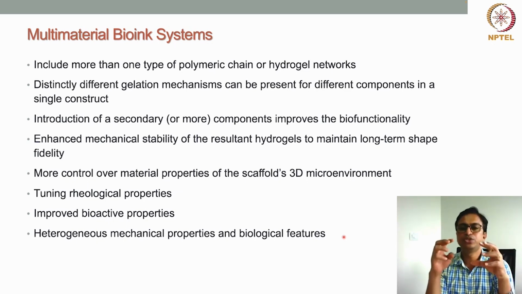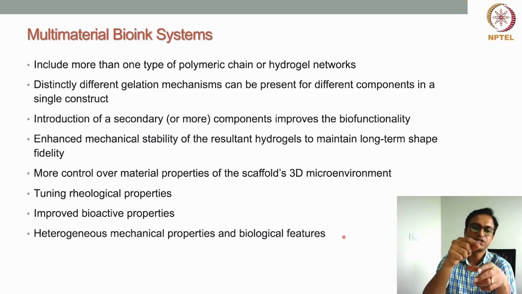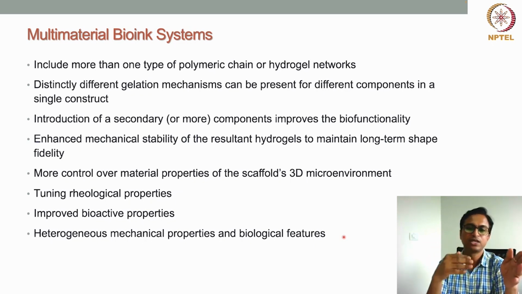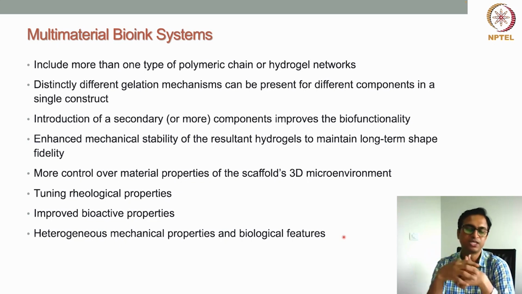Suppose we use two different bioink components, two different hydrogels in a single construct, then we can deposit this bioink simultaneously at different locations, and we can modulate the mechanical properties at different locations or different zones of that construct.